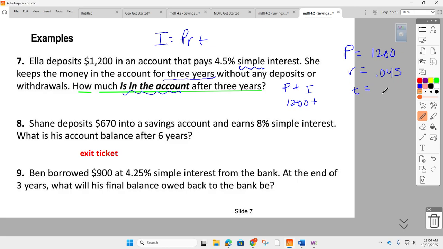So we're going to plug into our formula. 1,200 times 0.045 times 3 to find our interest, and then we're going to add it to our $1,200. So the interest is $162. So the principal plus the interest means the amount in the account is $1,362.